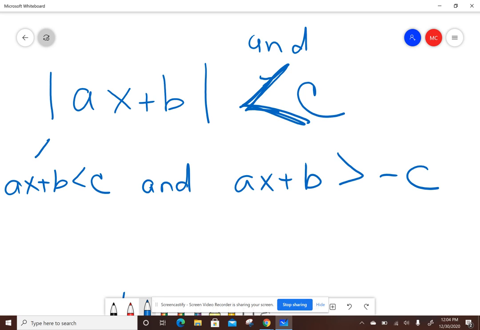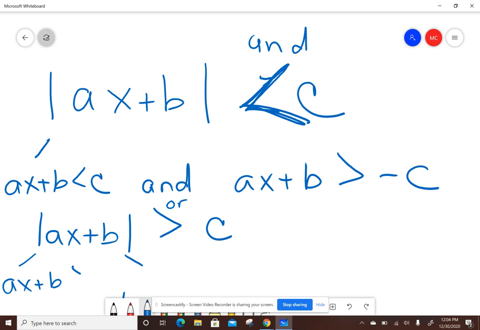And the other rule says if you have the absolute value of ax plus b greater than c, then either ax plus b is greater than c, or ax plus b, flip the direction of the sign, is less than negative c. Okay, so the key to this is remembering the simple phrase: less than and, greater than or.